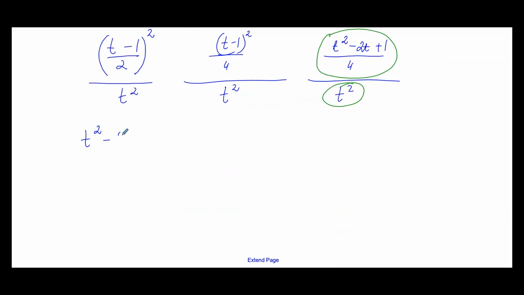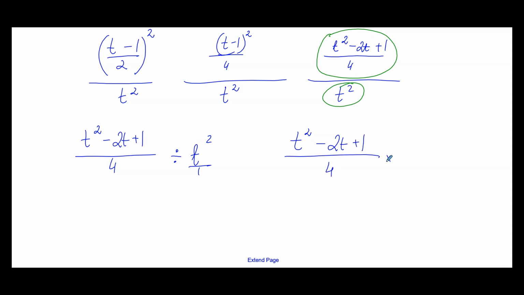t to the power of 2 minus 2t plus 1, divided by 4, divided by t to the power of 2. How do I divide a fraction by a fraction? I turn the other one upside down and multiply by 1 over t to the power of 2. So how do I multiply? Top by the top, bottom by the bottom.